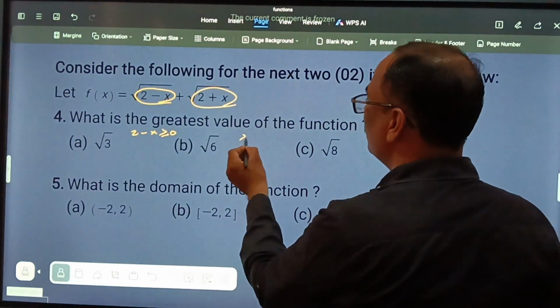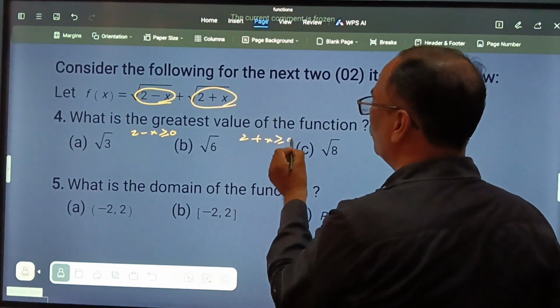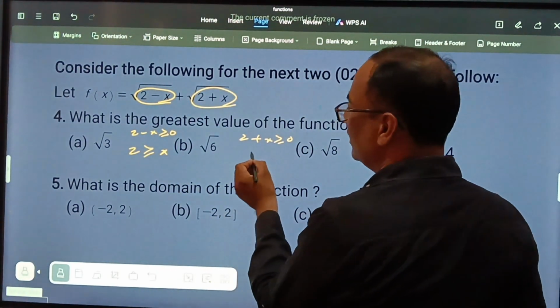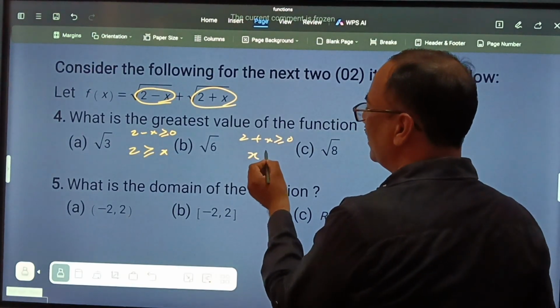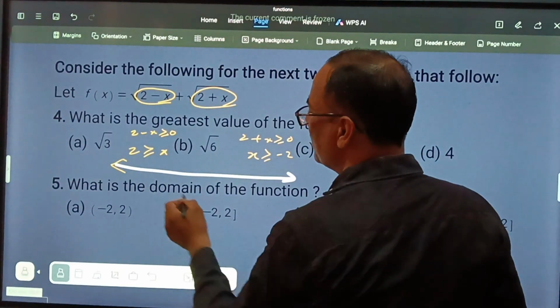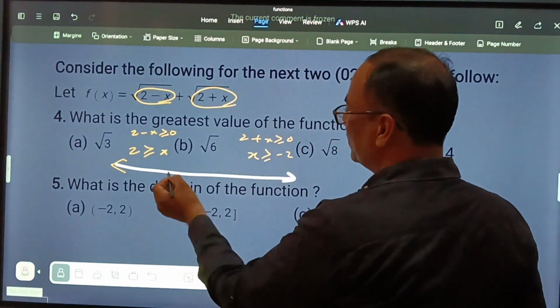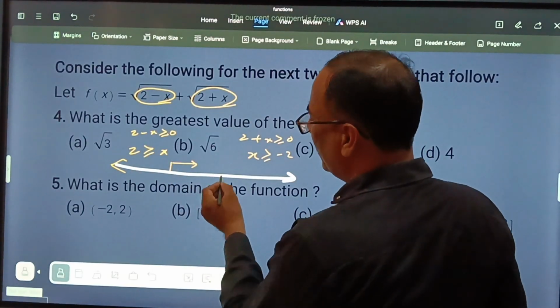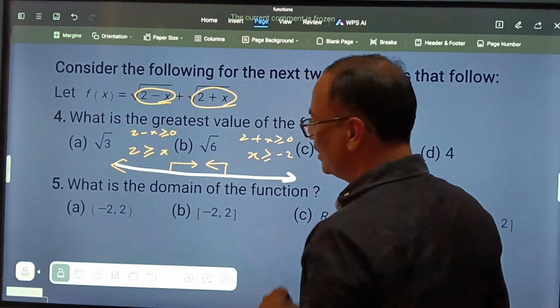2 plus x is also greater than or equal to 0, that is 2 is greater than or equal to x, as well as this implies that x is greater than or equal to minus 2. If we take a number line, then this represents x is greater than or equal to minus 2 and this is x is less than or equal to 2.